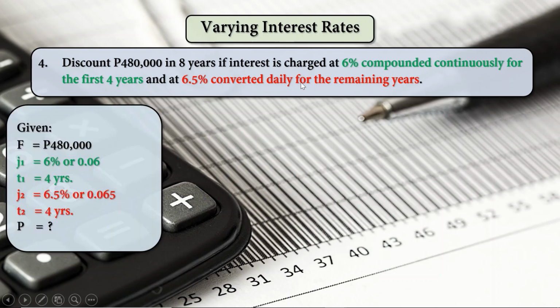So yung given F is 480,000, J1 is 0.06, T1 is 4 years, J2 is 0.065, T2 is 4 years. And if you can notice, parehong continuous compounding yung ating gagamitin dito, since the first interest period will be compounded continuously and the second will be converted daily.